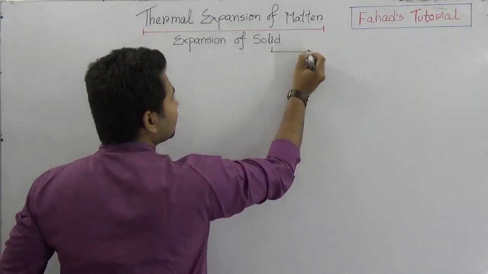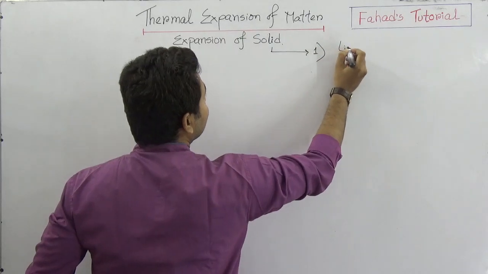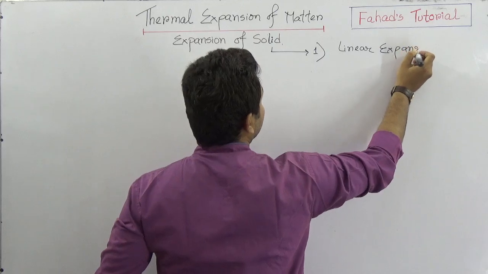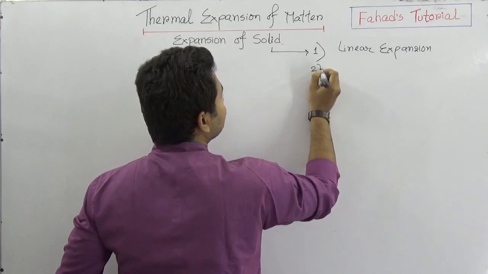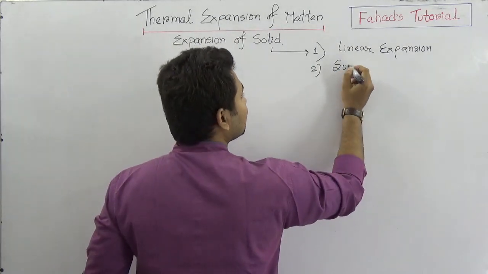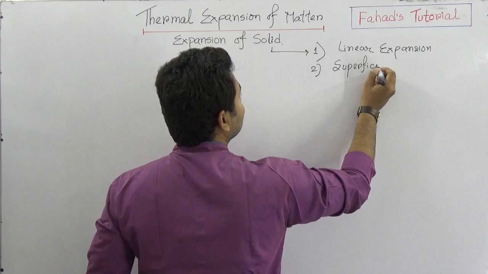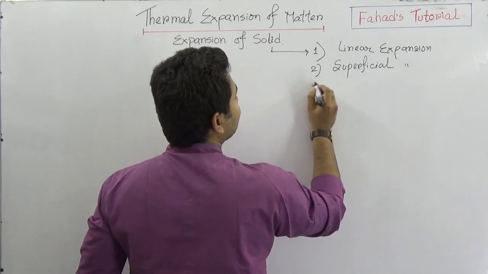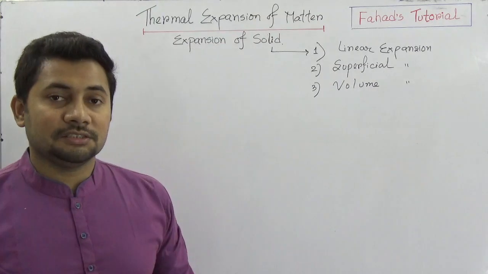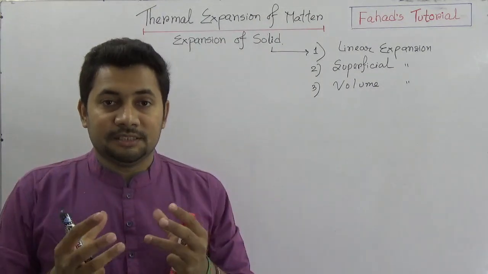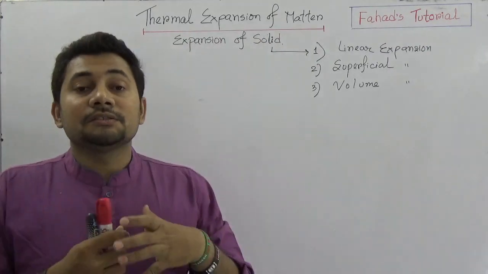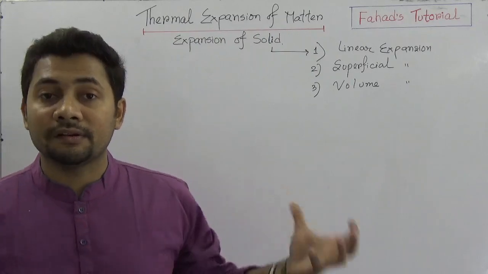Number one is linear expansion, number two is superficial, or we can say surface expansion, and number three is volume expansion. Because a solid material has three dimensions, in case of length, in case of area, and in case of volume, so a solid material can expand in three aspects.